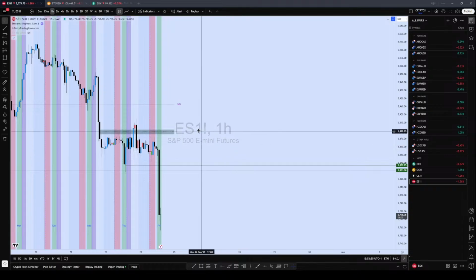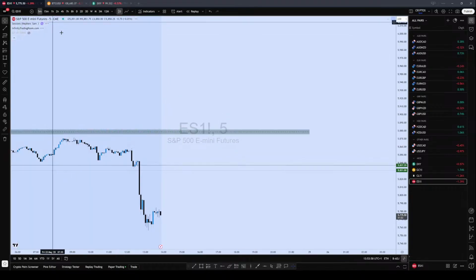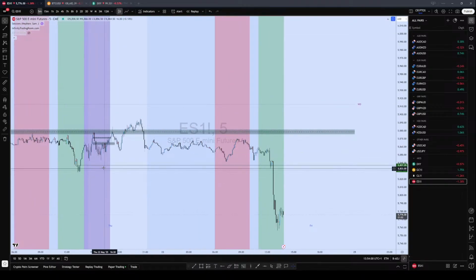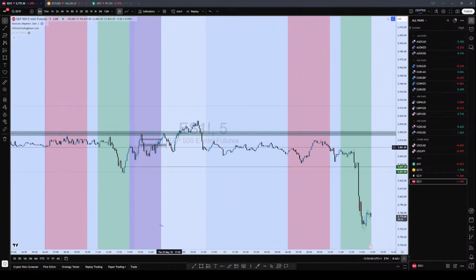Yesterday I actually took a hit. I was selling this one here. I sold that. It went down a little bit. I was looking for just a move to this order block that happened pre New York morning session, and then they stopped me out.